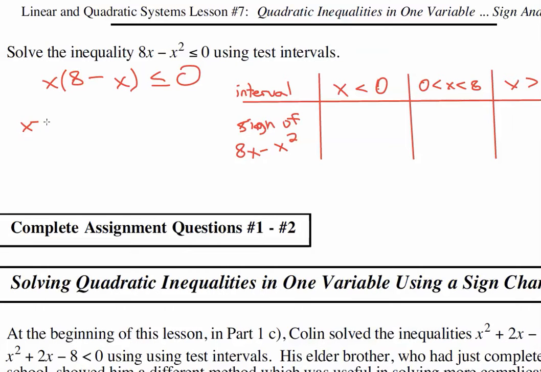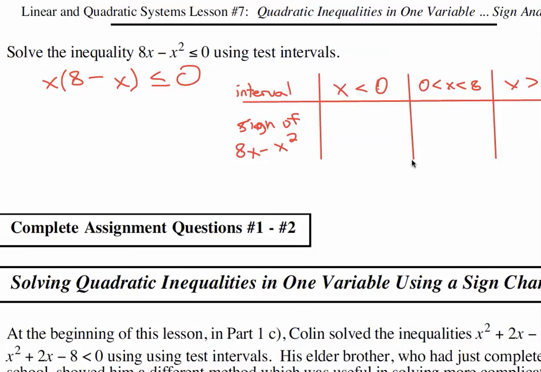One where x is equal to 0, and one where x is equal to 8. So these two numbers, the zeros, form my intervals. The smaller one I put first, where x is less than that value. My second interval is the range between the two, and my third is when x is greater than the second number, that is the larger number.